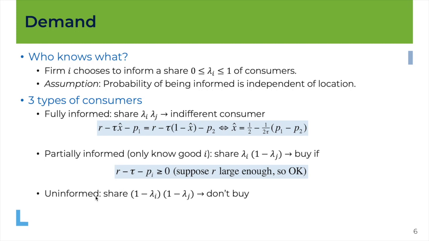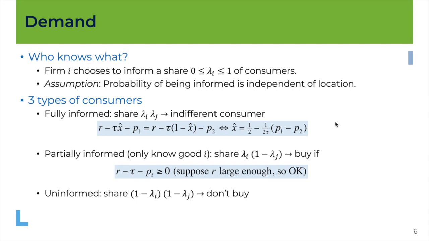Finally, there is a share of consumers who don't have any information: they didn't receive an ad from firm I, with probability 1 minus lambda I, and they didn't receive any ad from firm J, with probability 1 minus lambda J. Obviously, these consumers don't buy.